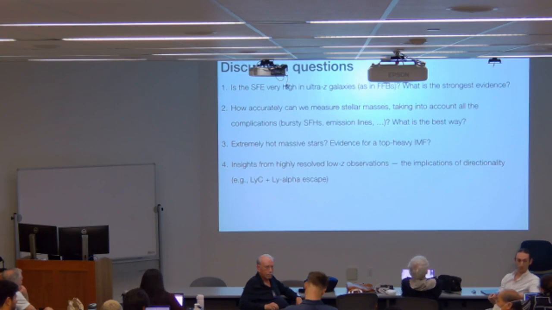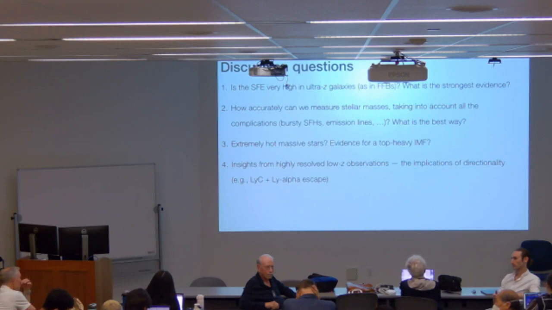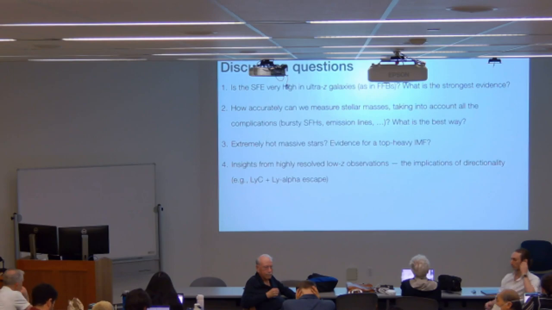And that's the question of whether the reason that you don't get very high star formation efficiency is because you cannot get it with the resolution that you have. But maybe if you increase the resolution or improve the subgrid recipes, you may be able to resolve a higher star formation efficiency.